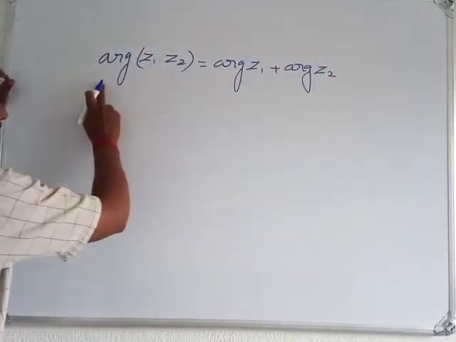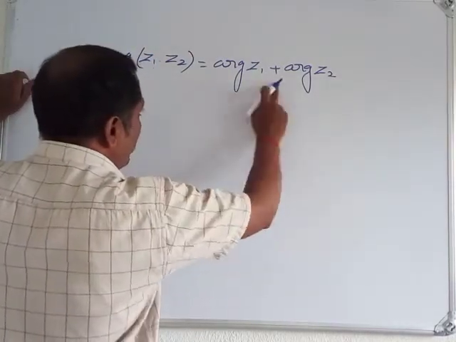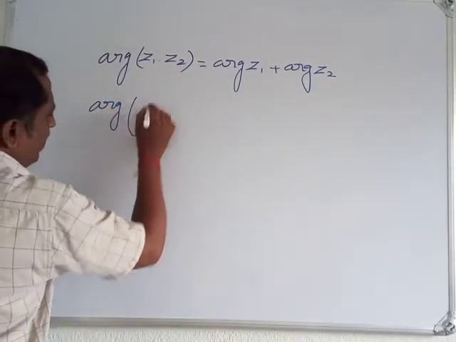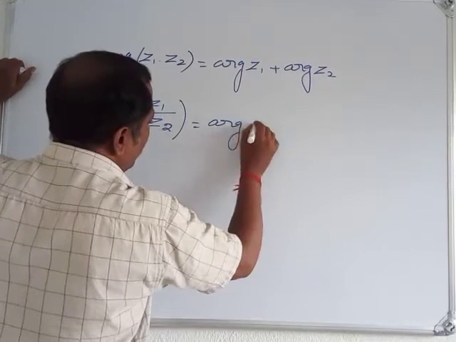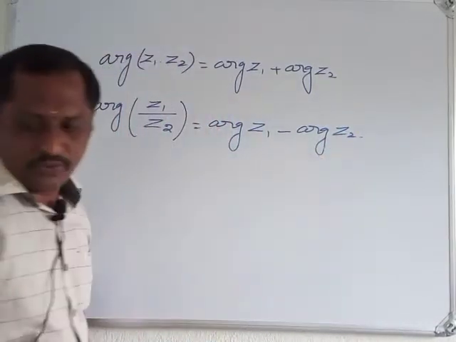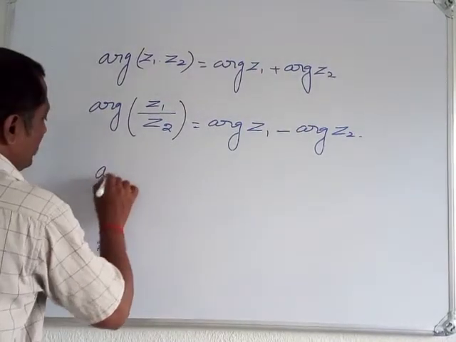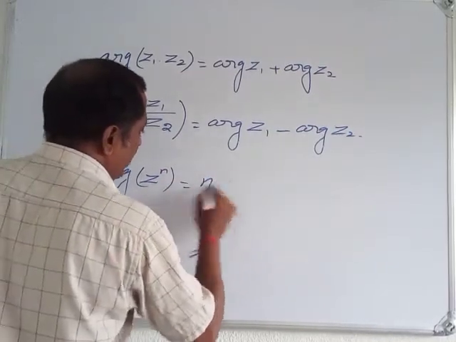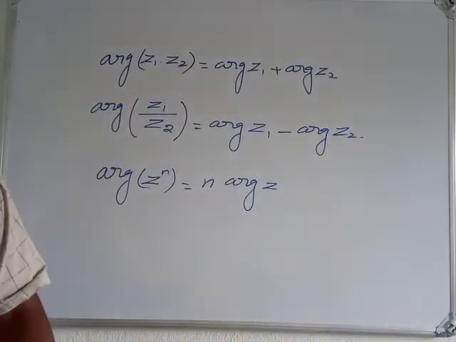If we need the argument of the product of two complex numbers, we add the first complex number's argument and the second complex number's argument. Similarly, argument of z1 divided by z2, in division format, we apply subtraction: argument of z1 minus argument of z2. And third one, argument of z power n can be written as n into argument of z, right?